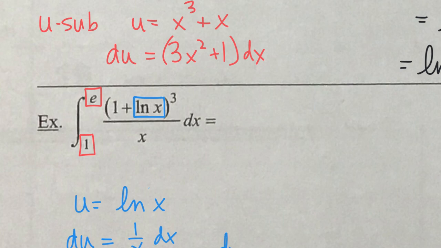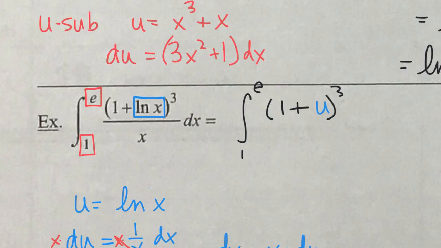Okay, which when we solve for dx, we get x times du, right? Because it's in a denominator, so to get rid of the denominator, we multiply by x. Okay, so let's see how this turns out. We want the integral from 1 to e of 1 plus u cubed over x times x du.